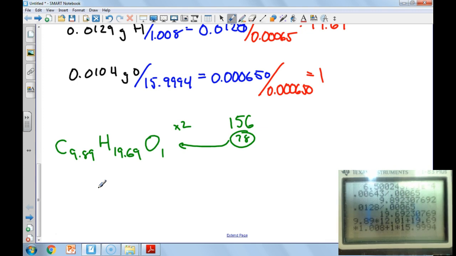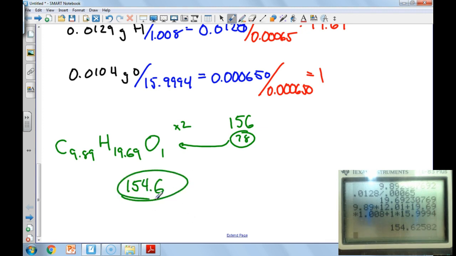And you don't have to show that 1 times, but when I do that, I get a total of 154.6. Well, golly, that's almost equal to this.